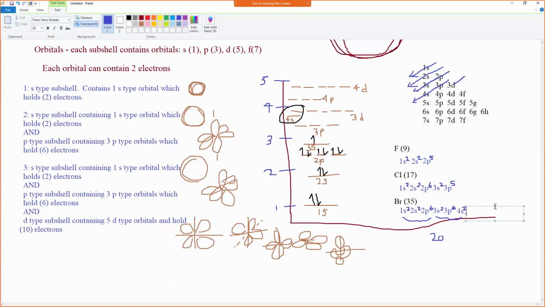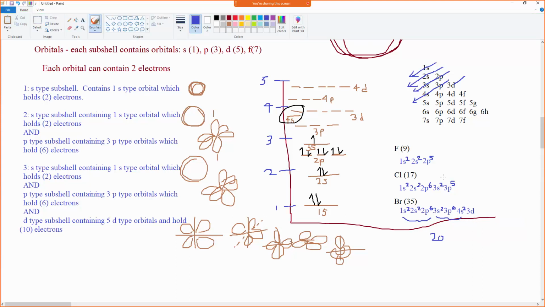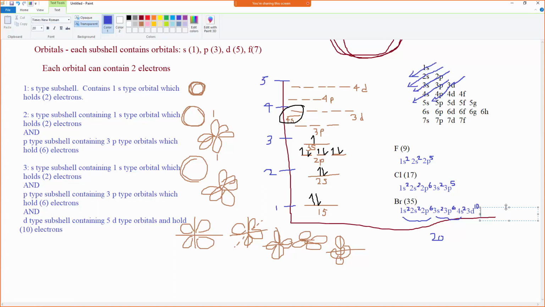Okay, so 3D, how many electrons can the D-type orbitals hold? They can hold 10, and we've got 15 left, so we'll slap 10 in there. That leaves me with 5, and they're going to land in the 4p, exactly as we predicted. Good job, Erica. 4p5.